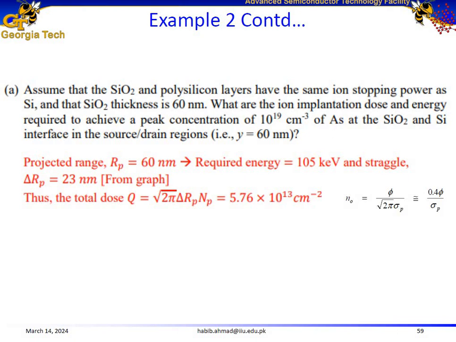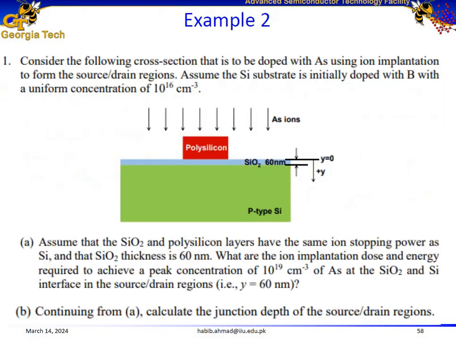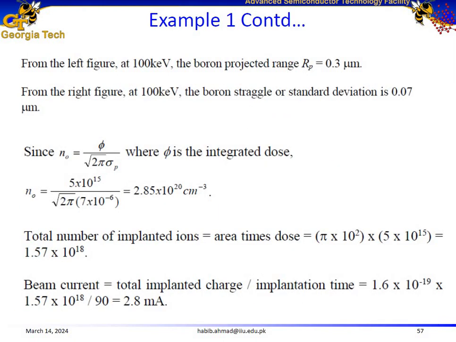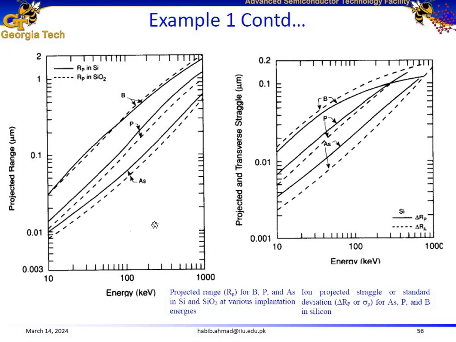And we know that the projected range is almost the same in silicon and silicon dioxide, also in polysilicon, because of their same stopping power. So we know the thickness, which is 60 nanometers, turning out to be 0.06 micrometers. So we can calculate the energy for this. We are talking about arsenic ion implantation. Look at this figure.